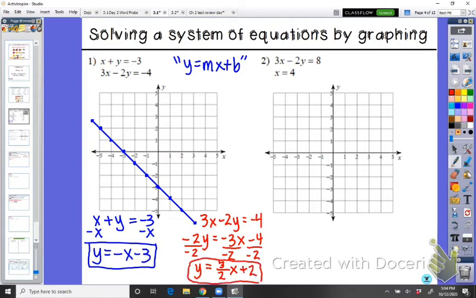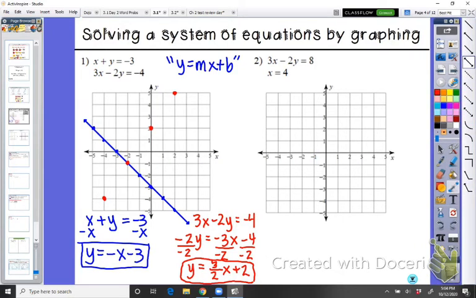This is my second equation that I'm going to graph in red. I'm going to go to +2 on the y-axis. The slope is positive 3/2, so that means rise up 3, run to the right 2. And likewise, you can go down 3 and to the left. I'm going to take my straight edge and draw a straight line through those.